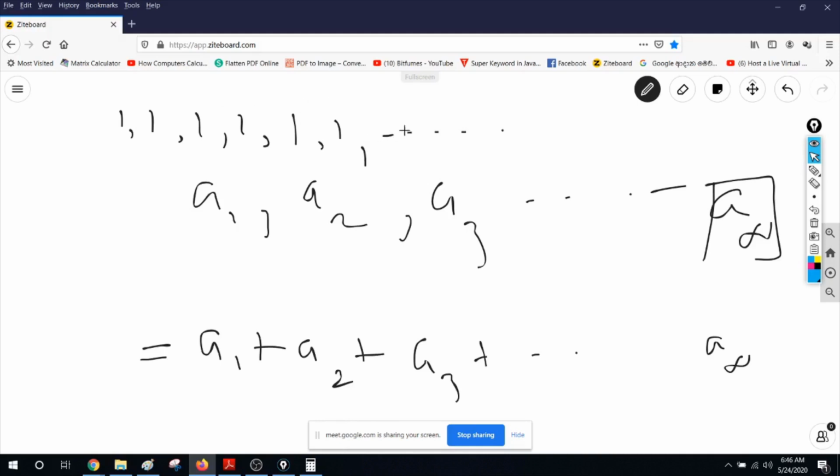I can keep writing for you 1, 1, 1, 1, 1, and so on. If someone asks, okay, what is the infinite term? Obviously, the infinite term is 1, because it's always 1. When we go to infinite terms also, it's definitely going to be 1. Therefore this is a convergent sequence. Why? The infinite term is a finite value, right?